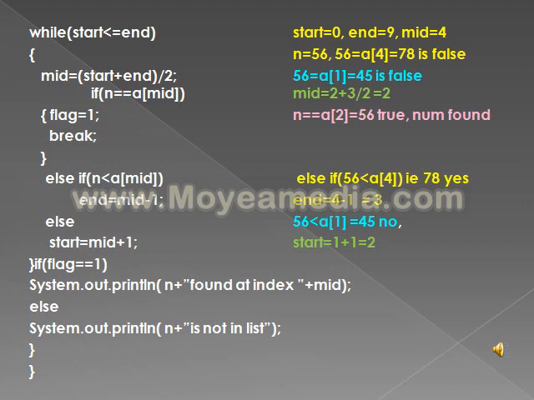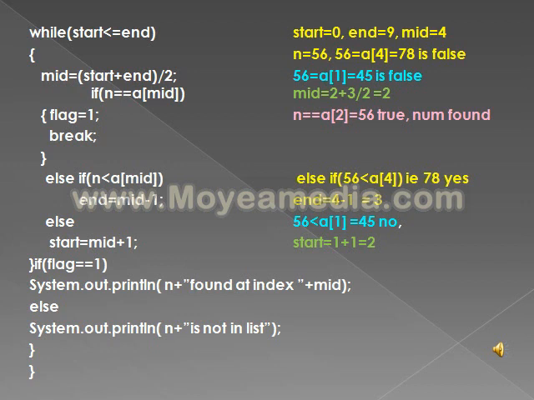Going to the else if condition. So here 56 is less than 45? No, it is not less than 45. So it is going to the else statement. The else statement is start is equal to mid plus 1. So already the mid is 1, 1 plus 1 is 2. So now the new value of start is 2.